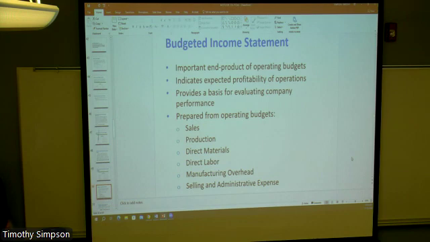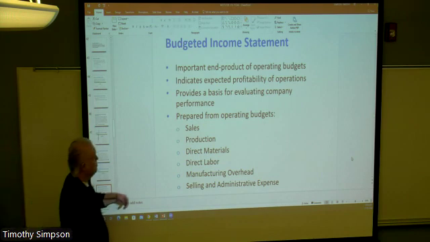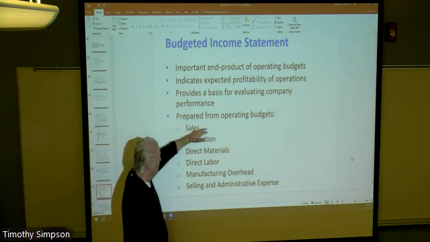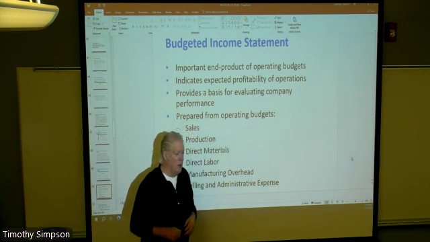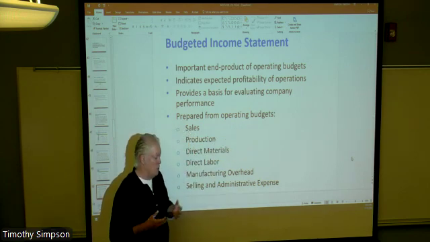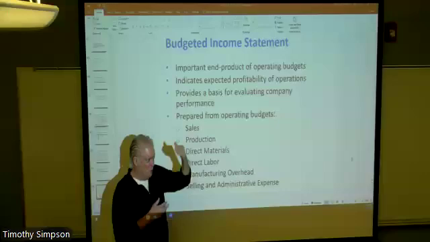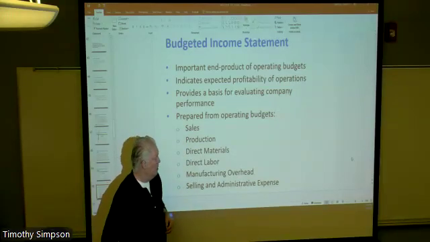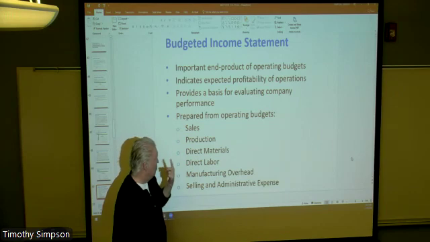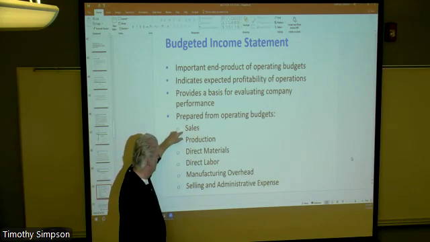So where do we get the numbers to produce the income statement? They come from the operating budgets. Remember, operating information has to do with producing income: revenue, which is then deducted by expenses to produce net income. But where do these operating budgets come from? Sales, which is where it all begins. Production, which is what we need to do to get to the sales. And then what do we need to do to pay for the production? Direct materials, direct labor, manufacturing overhead.